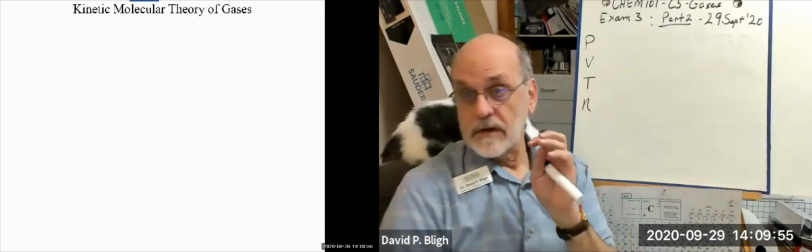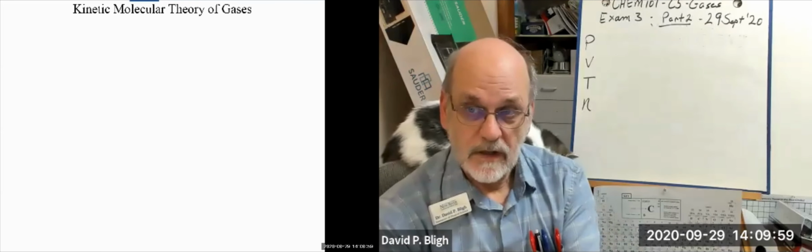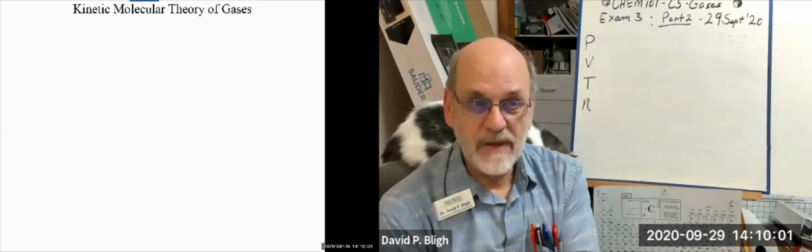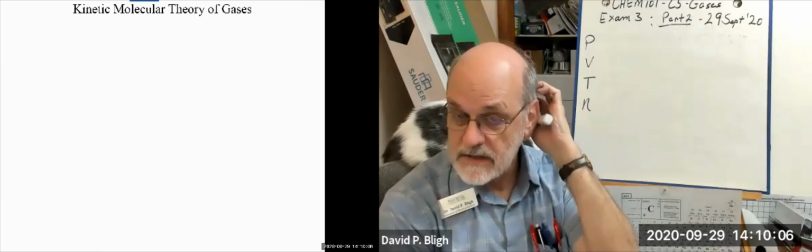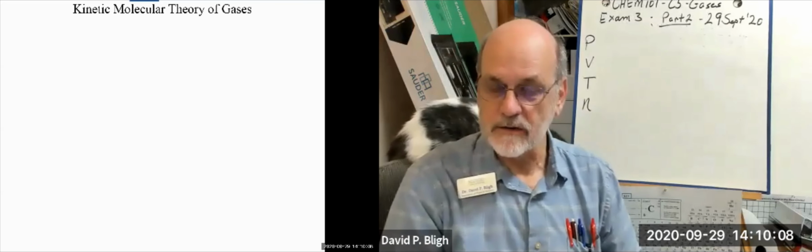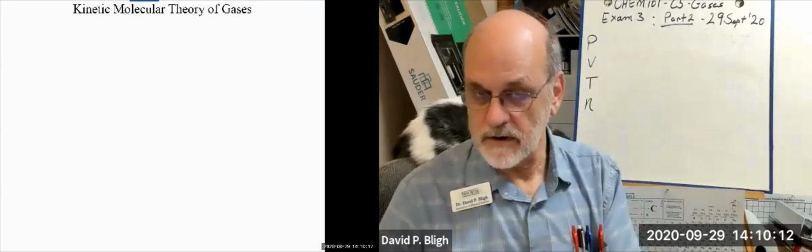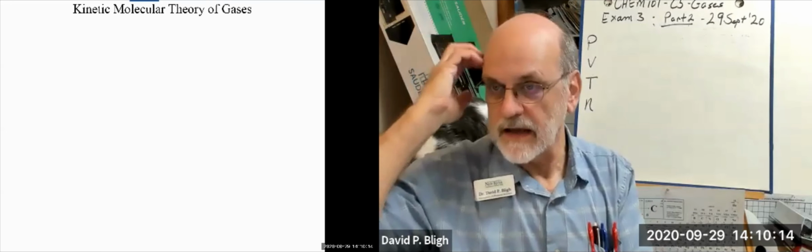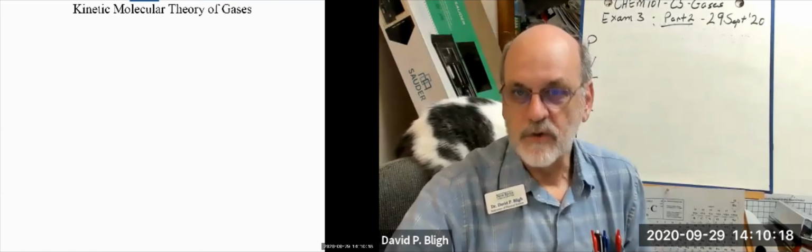And the kinetic molecular theory was developed for gases first, and then it was made applicable to liquids and solids, because many of the results that accrue from the molecular theory of gases can also be ported over to liquids and solids. But we start with gases.